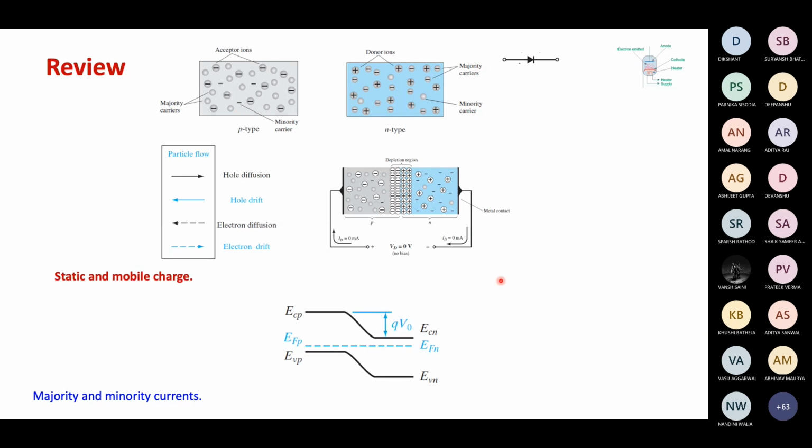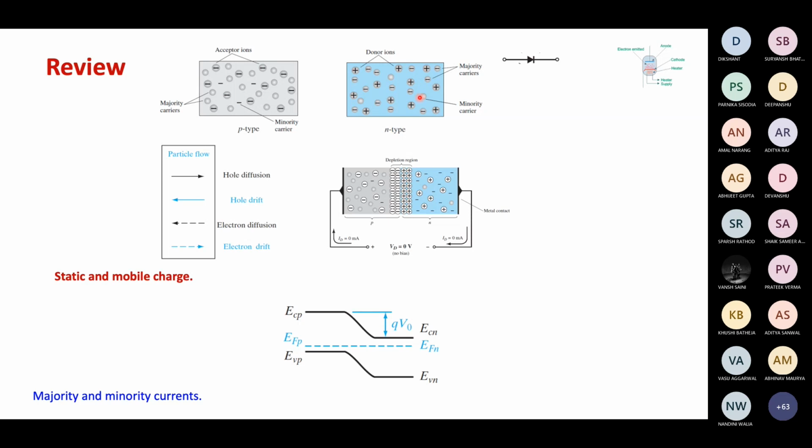Is this clear now? Sir, you are saying that majority carriers are more and minority are less, right? Yes, exactly. What I mean by more majority carriers is that if the doping is high in this material, it means that a larger number of electrons will be there.